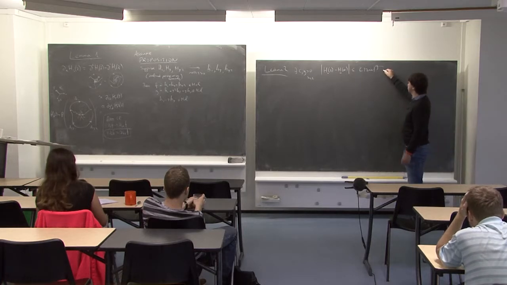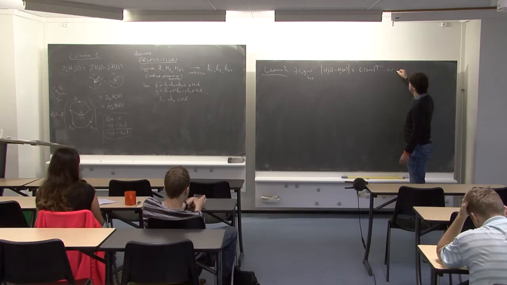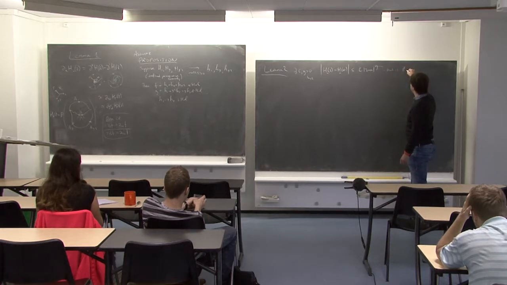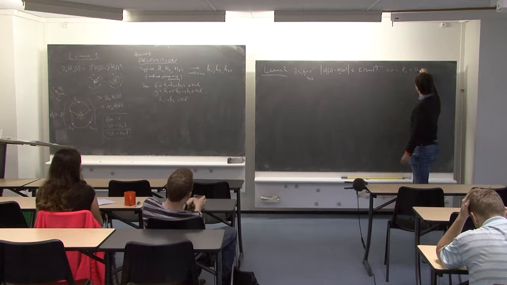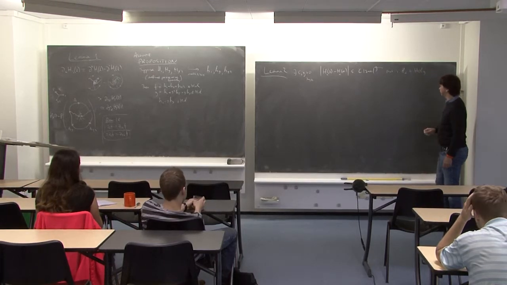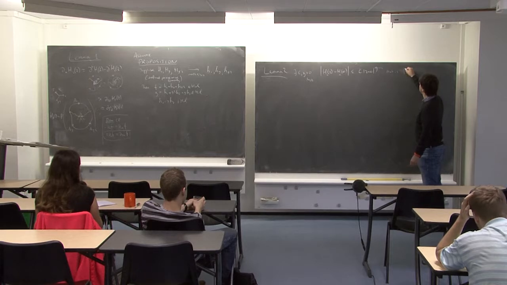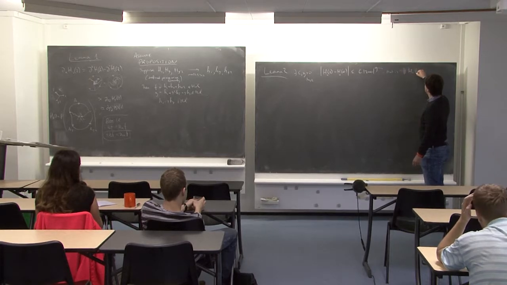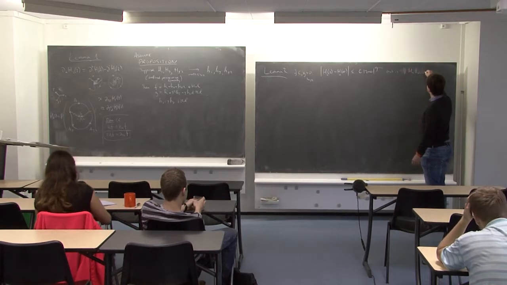So basically this means that h alpha belongs to the Hölder eta class uniformly, or the norm of h alpha in Hölder eta is no more than the constant C.